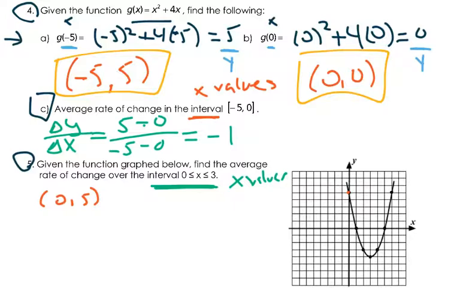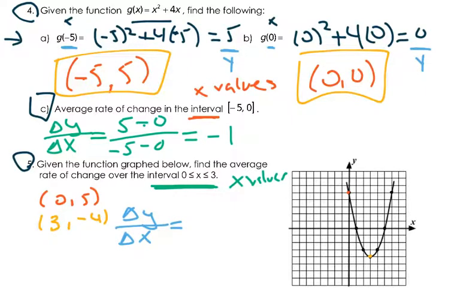And when x is 3, what is the y value? So go over to 3 and down. That's that point right there, and that one is (3, negative 4). So again, just plugging this right into your formula.